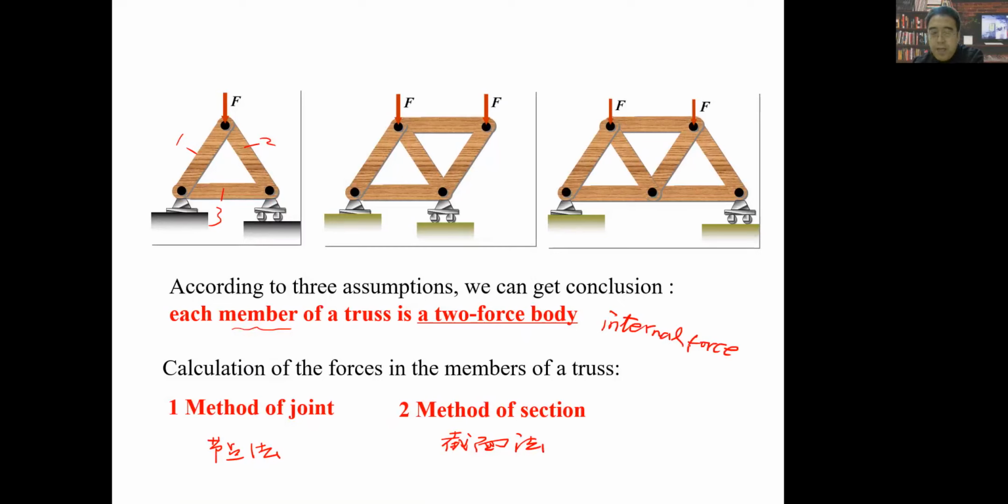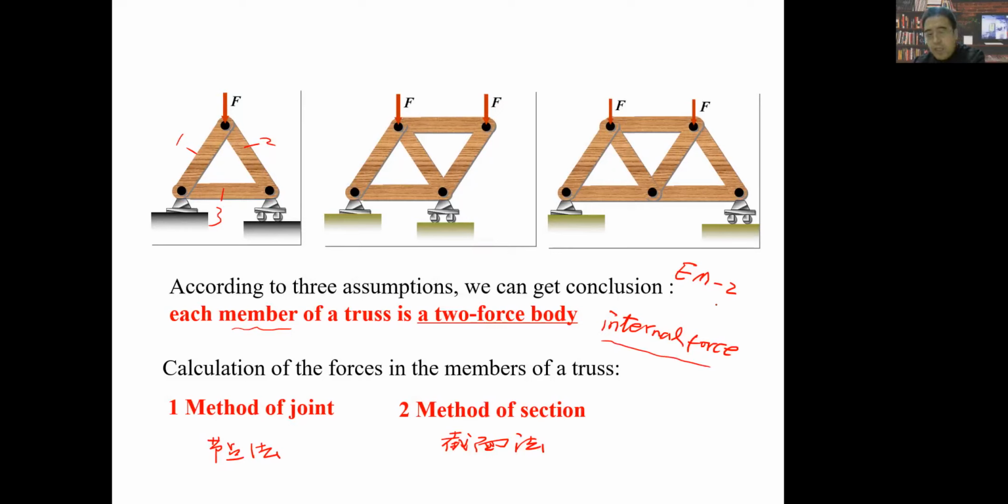Maybe next semester I will teach you guys another course called Engineering Mechanics second. At that time we are going to talk about deformation. Our body will have some kind of deformation according to different loads. Actually, different internal forces will induce different kinds of deformation, right?